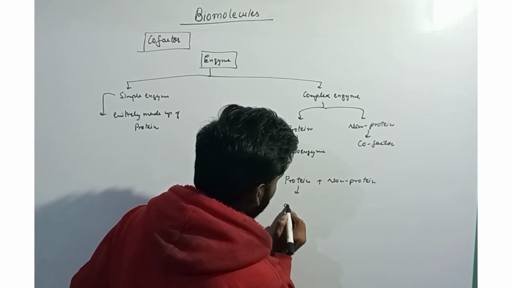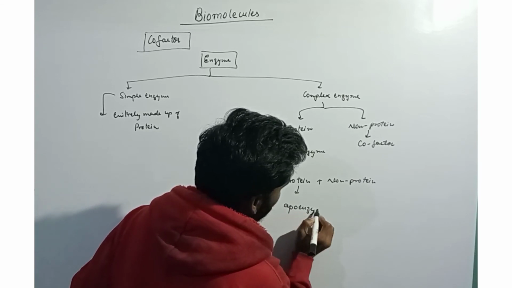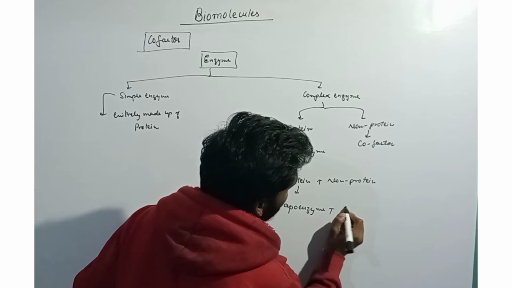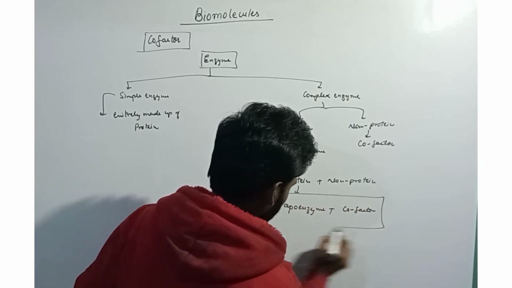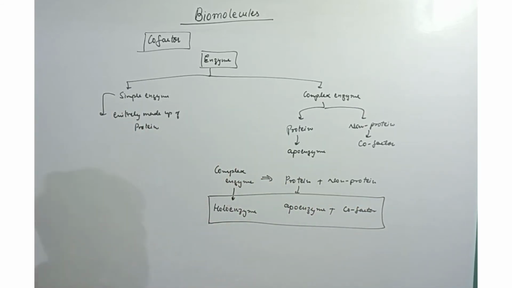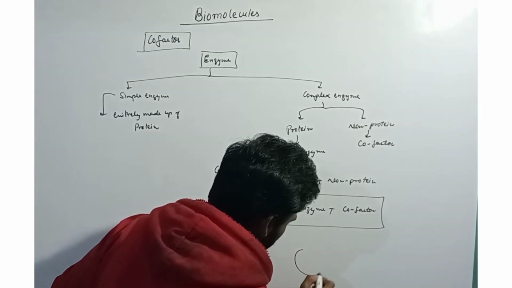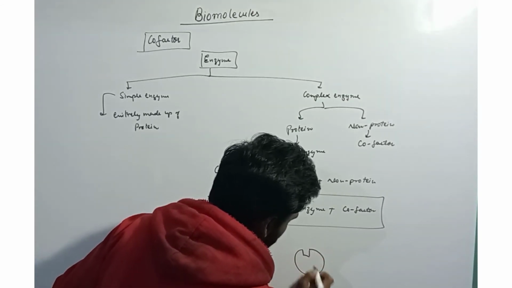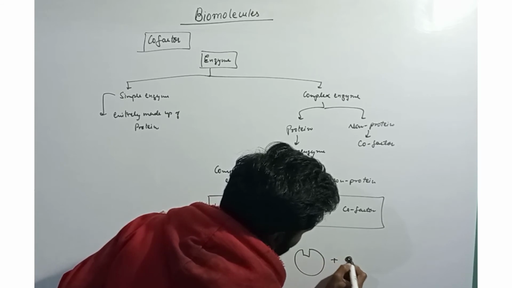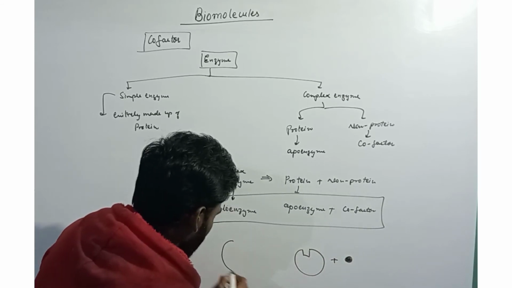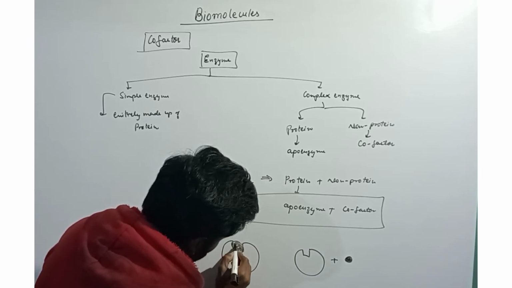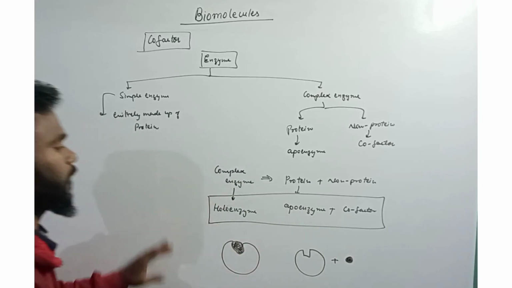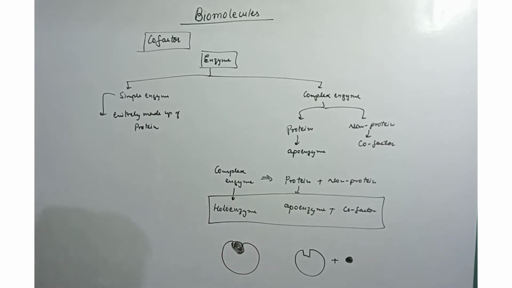The protein part is called apoenzyme and the non-protein part is called cofactor. This is how the complex enzyme is divided.